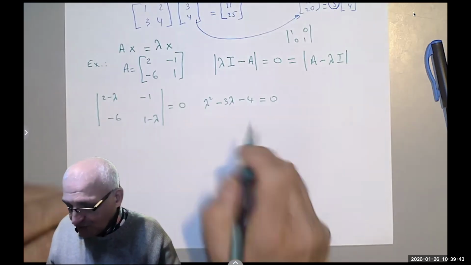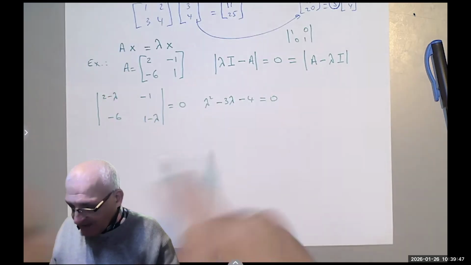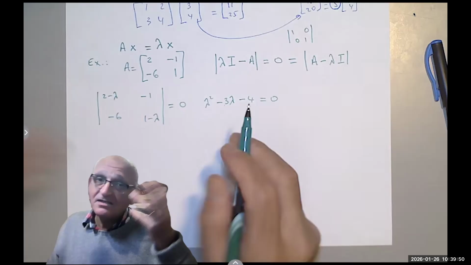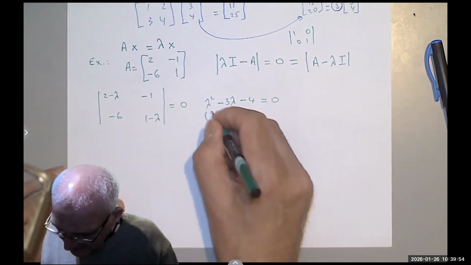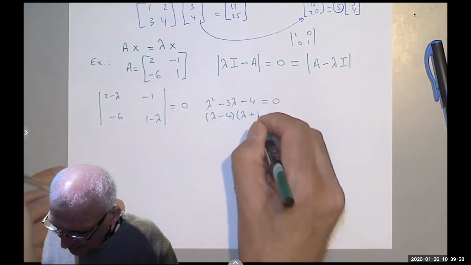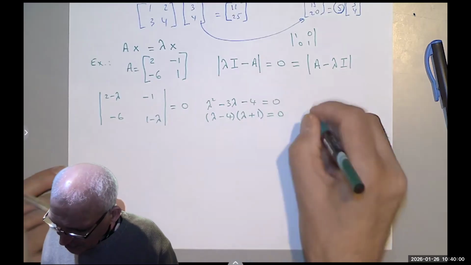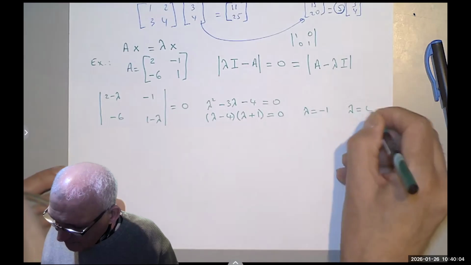You want to find two numbers that multiply to -4, meaning one is positive, one is negative, and they add up to -3, meaning the larger of these two numbers is negative. So of course, you get lambda minus 4 times lambda plus 1. So either lambda equals -1 or lambda equals 4.